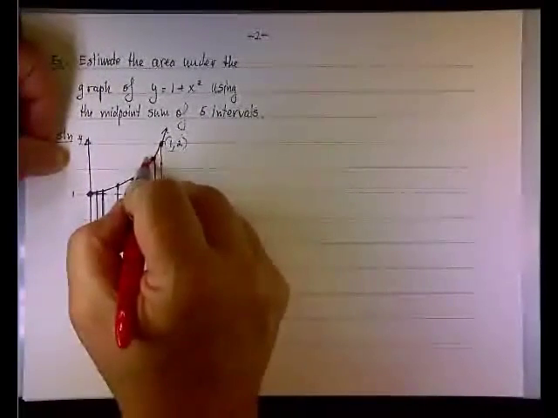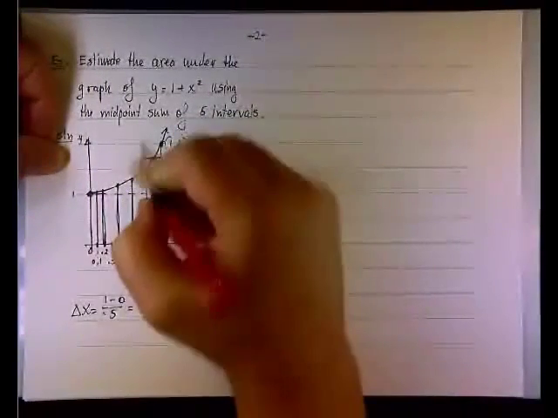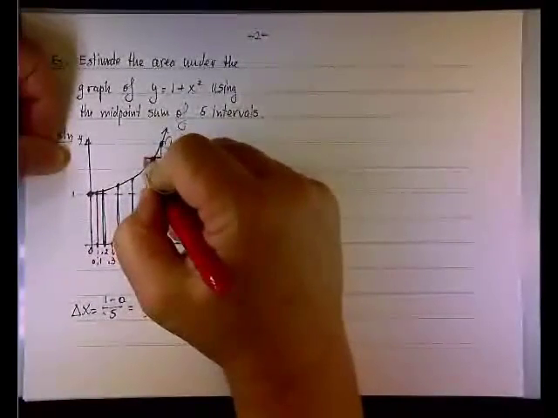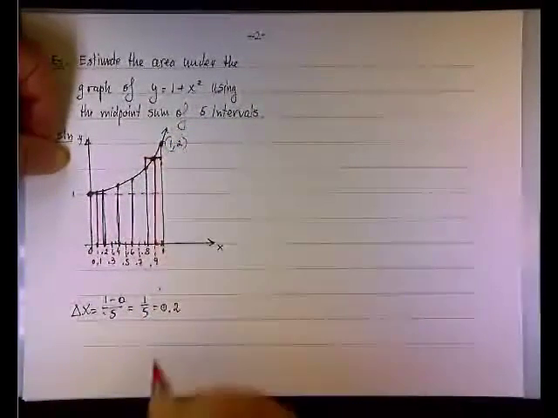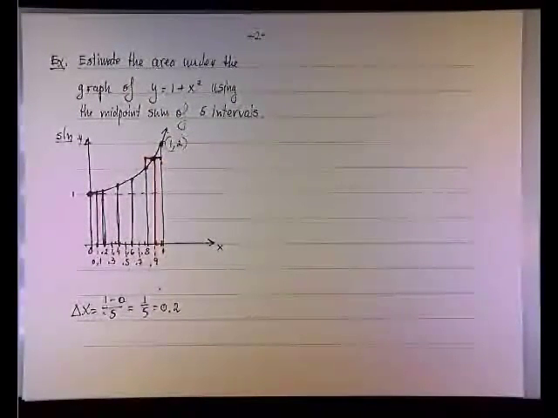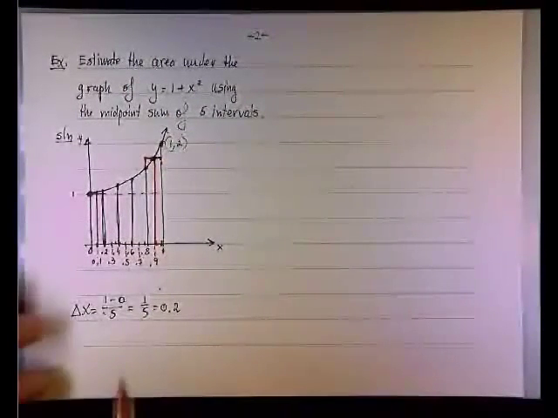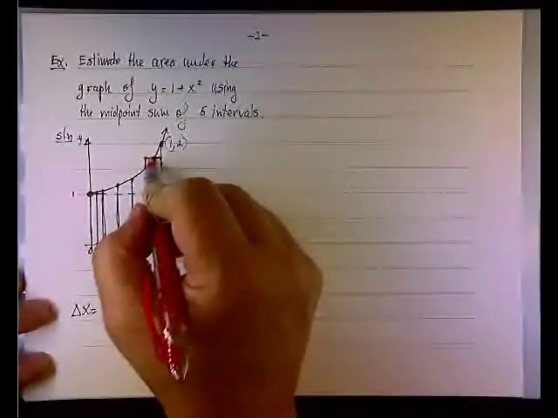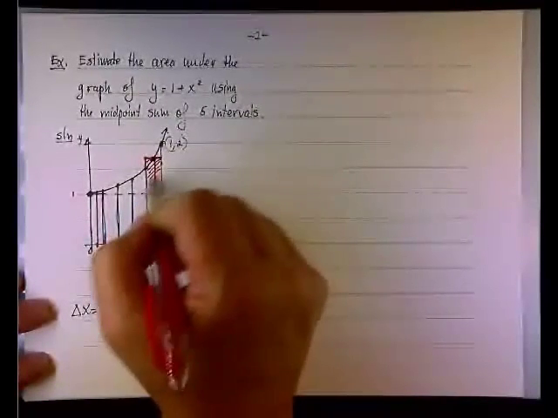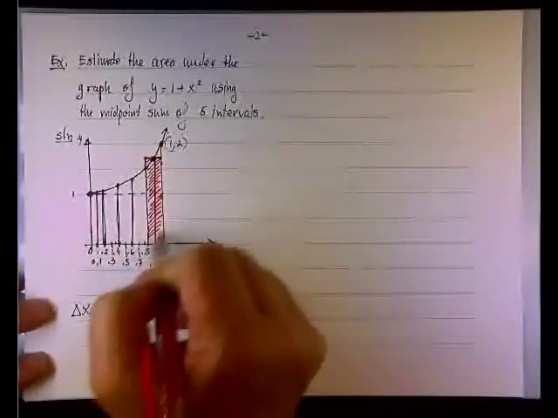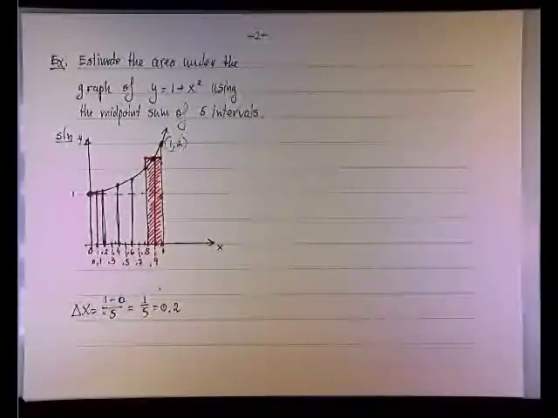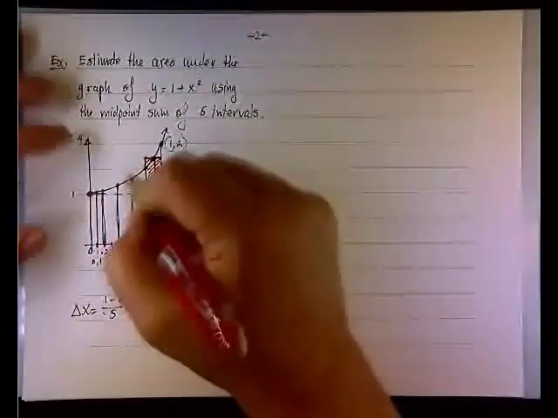So we're going to create a rectangle at the intersection of the midpoint x value with the curve itself. And you can see that you have a portion on the left that is an overestimate and a portion on the right that is an underestimate. That's what makes this estimate very good and eliminates the need to take an average.